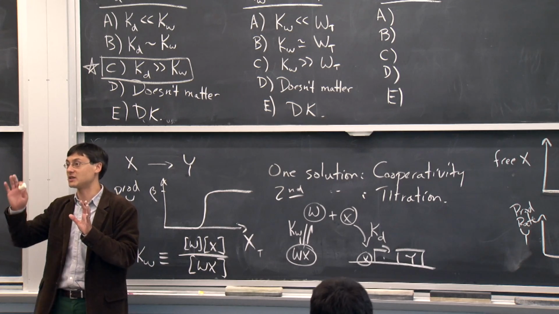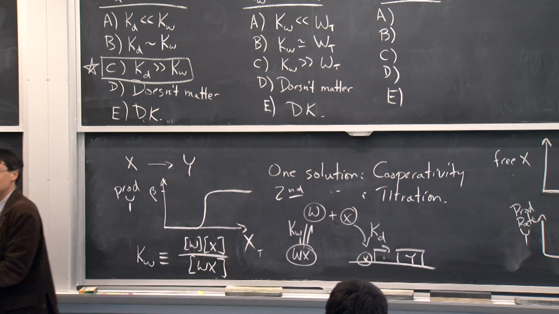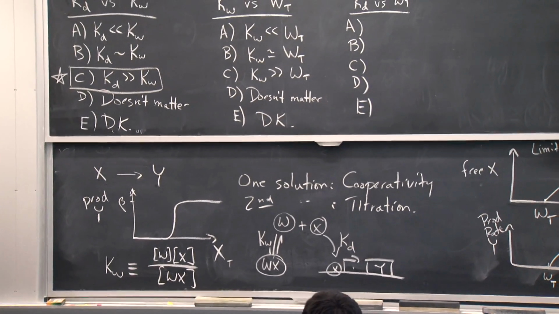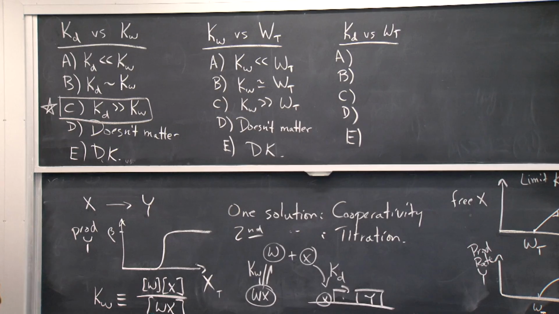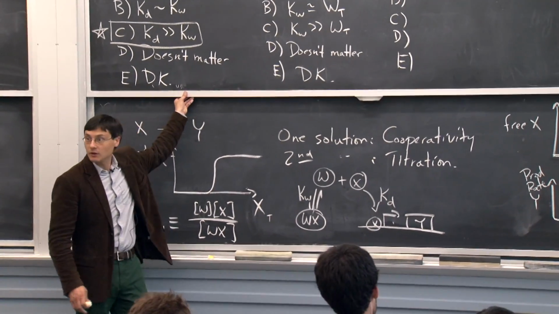So it's true that in principle that thing is steep, but it was never inhibited to begin with, because the moment you started adding X, you start getting expression from the gene. Are there other questions about that?